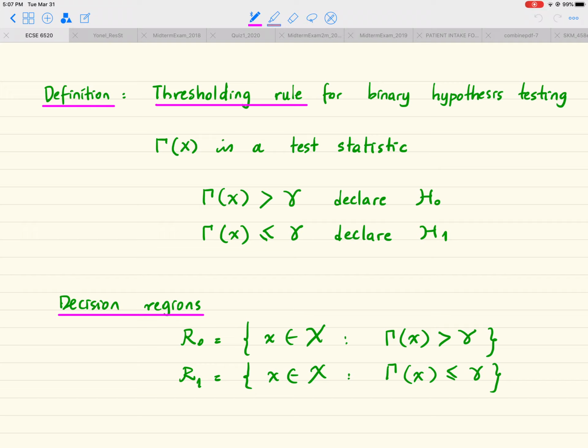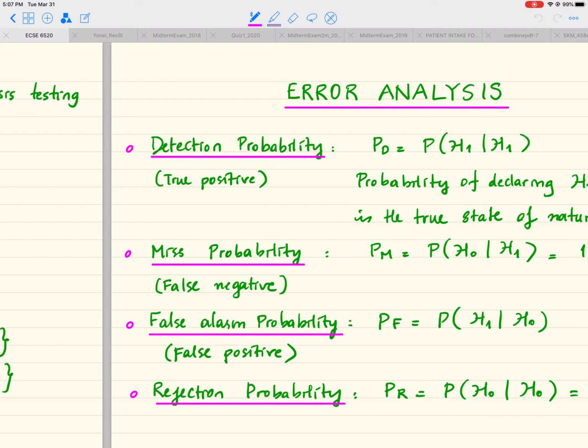If the output of your discriminant function is larger than that threshold, you're going to declare the null hypothesis, otherwise the alternative hypothesis. And of course, the threshold, along with the discriminant function, is going to define the decision regions in your sample space.